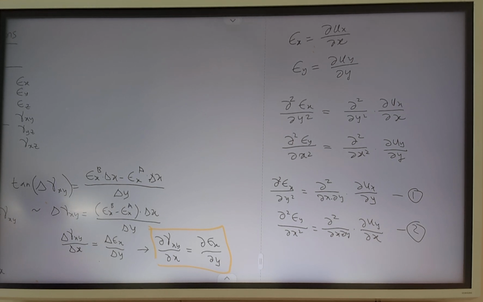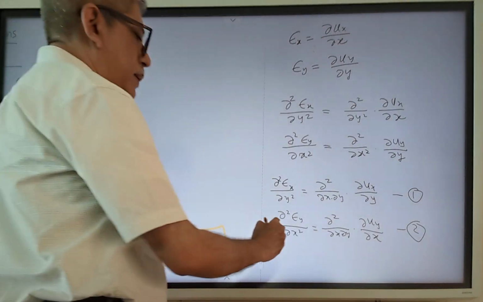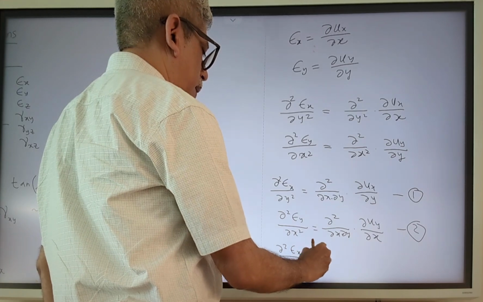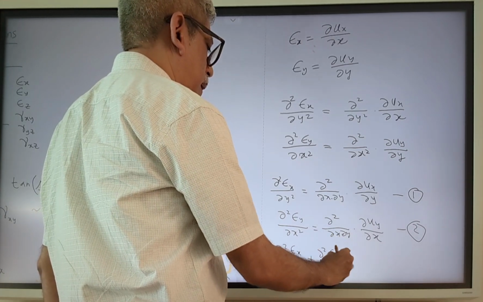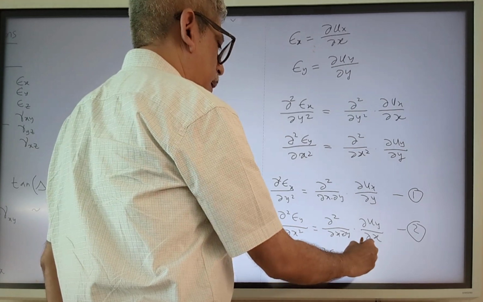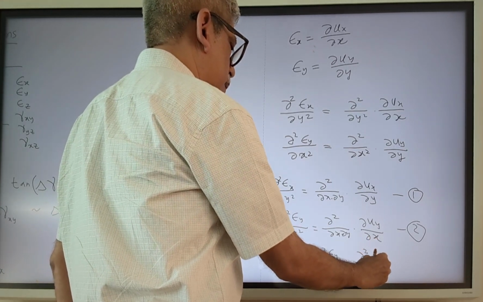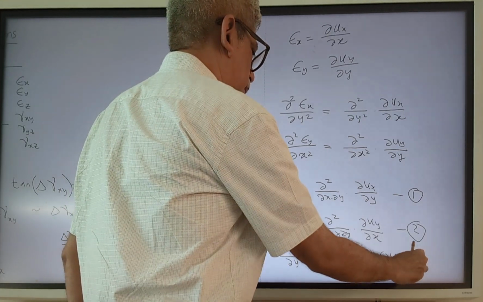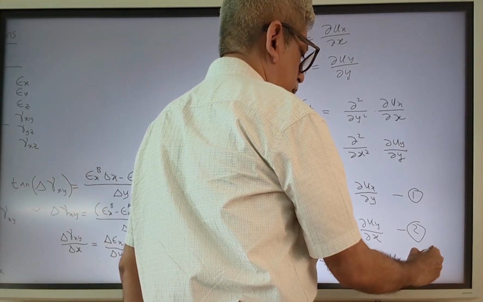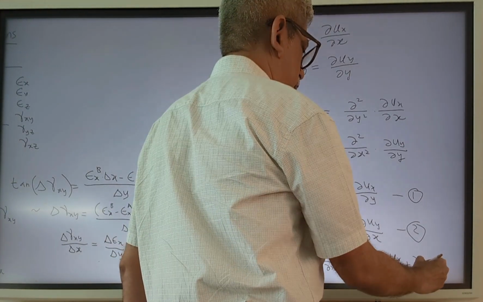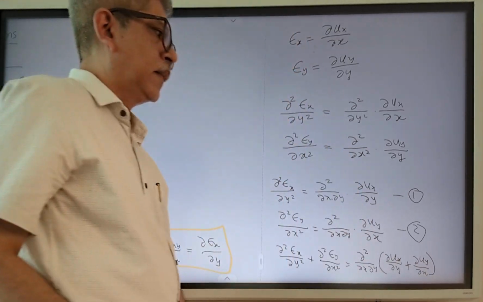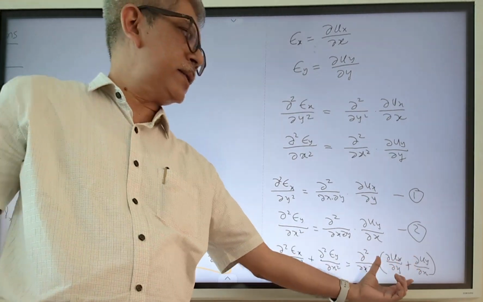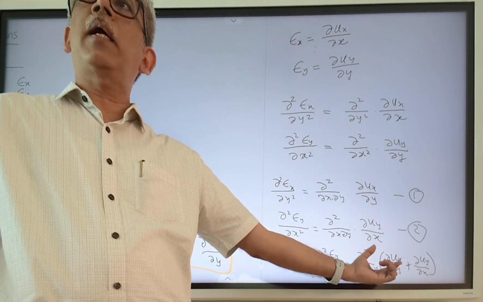Yes, we can add these two equations. So what we get is del 2 epsilon x by del y square plus del 2 epsilon y by del x square equal to del 2 gamma xy by del x del y. So if you add these two equations, we get the form which is like this. And what is this quantity inside the bracket?